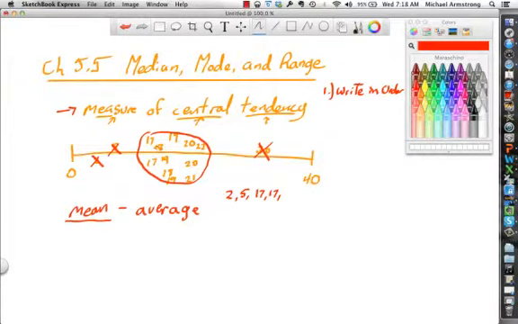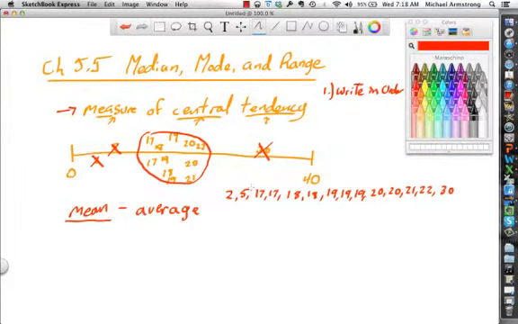Then I had 2 18s, and I followed that with 3 19s: 19, 19, 19. Then I've got 2 20s, a 21 and 22. So 20, 20, 21, 22, and then I have this way out here, this 30.